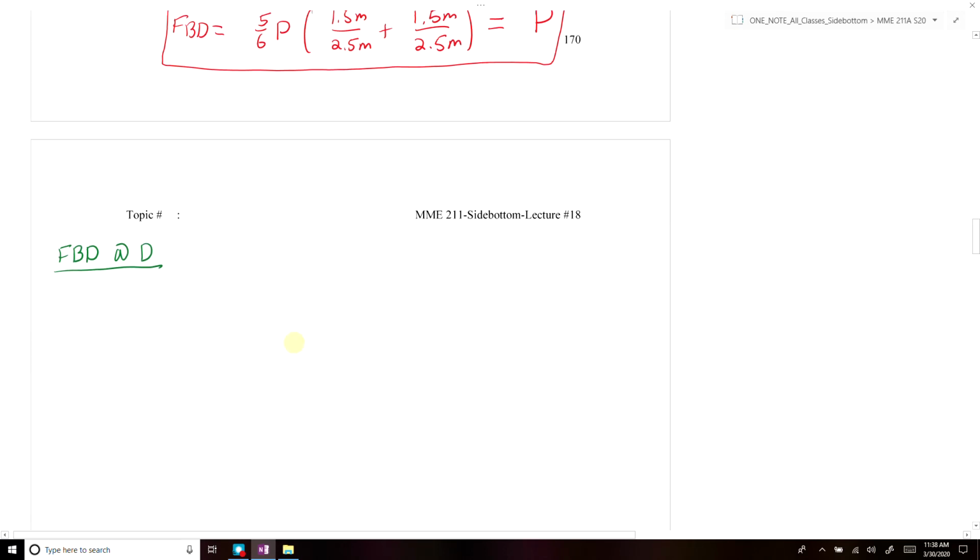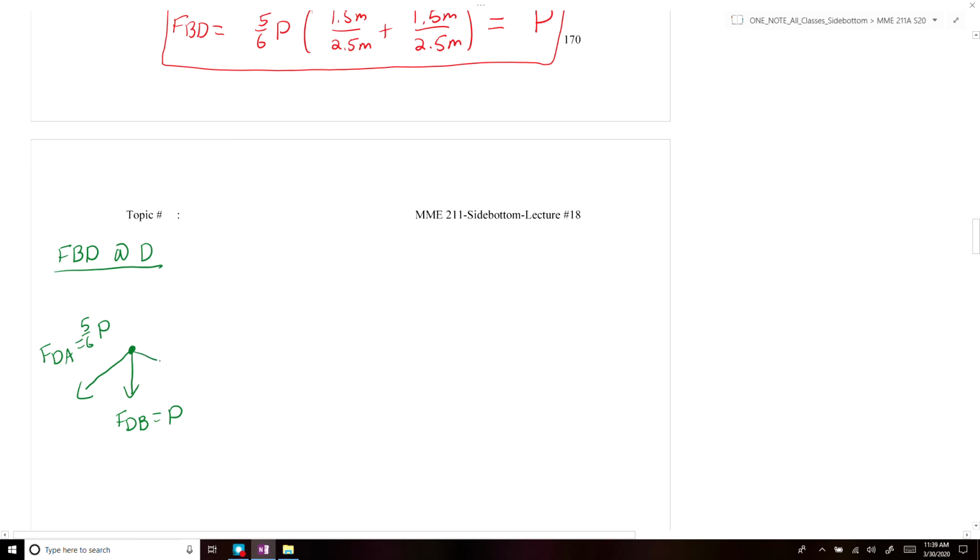All right, so at point D, we're going to have the force within DA, which we solved earlier, and we got 5/6 P. We also have the force within DB, the member from point D to point B, which is equal to P. We just solved for that in the last problem.